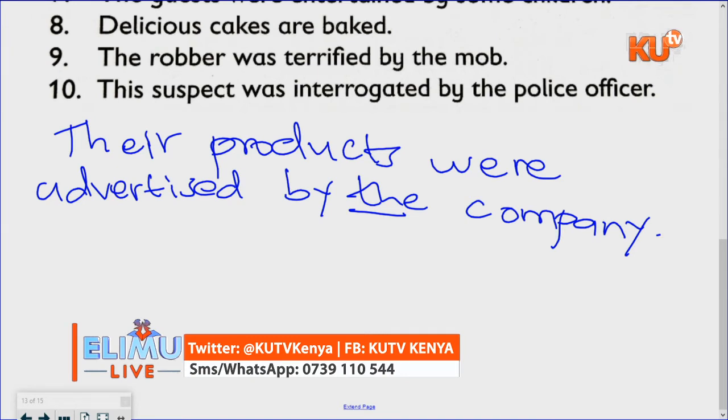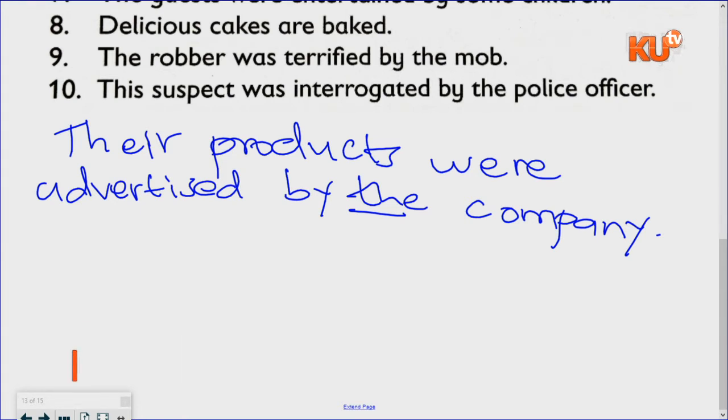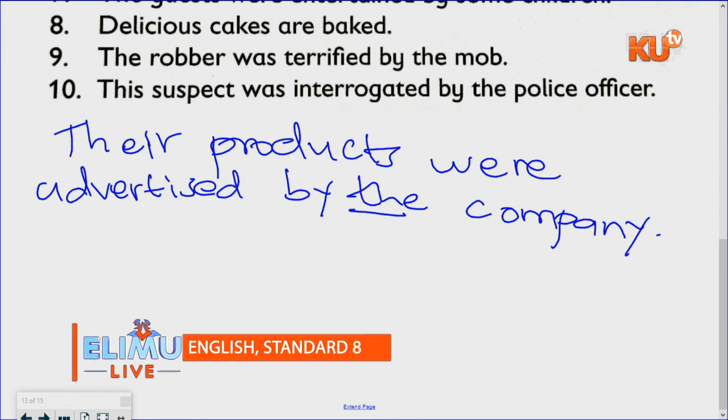So you find that this sentence, even though it's grammatically correct, their products were advertised by the company, very correct grammatically, but it is not the correct answer because the student has changed the sentence. The sentence was initially their products were advertised by that company, not the company, by that company.